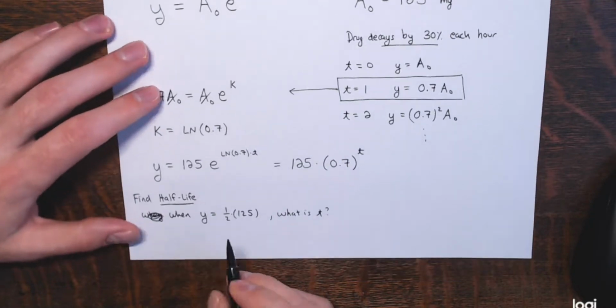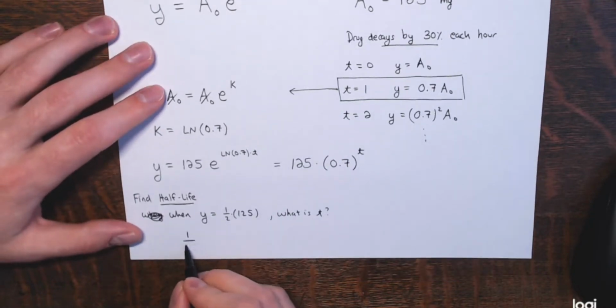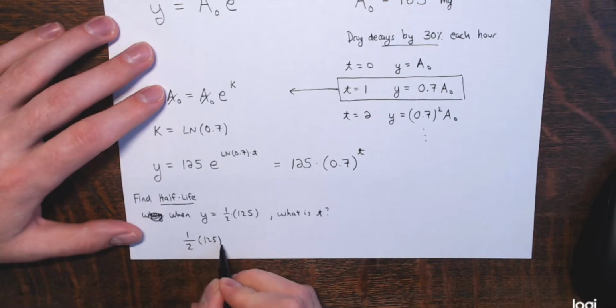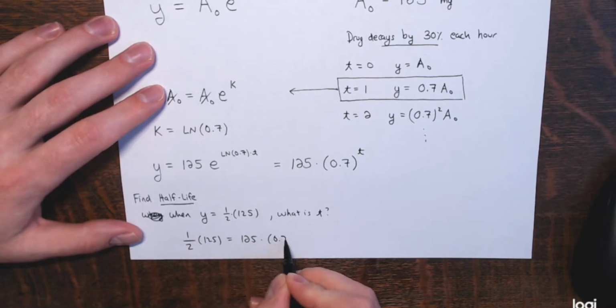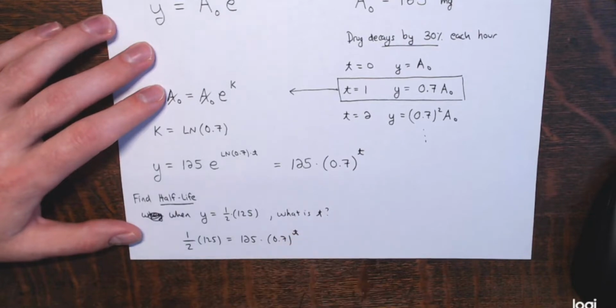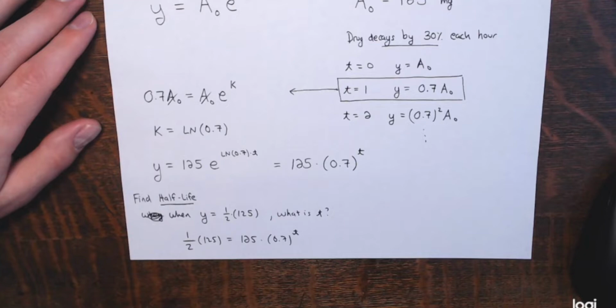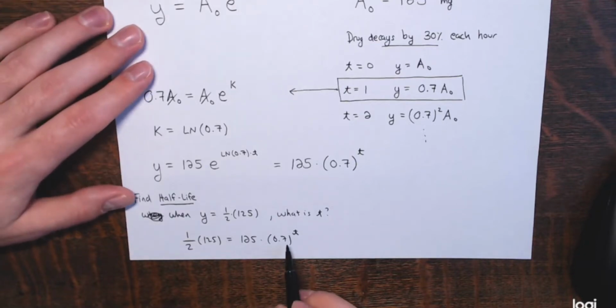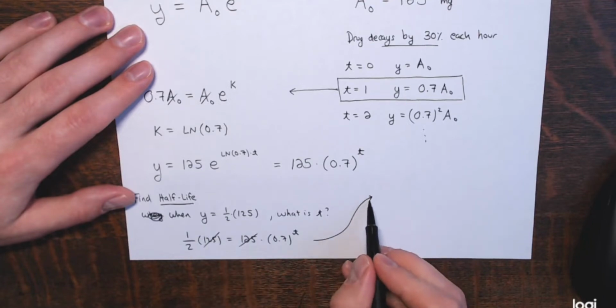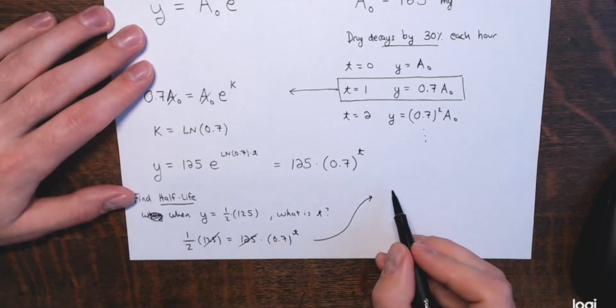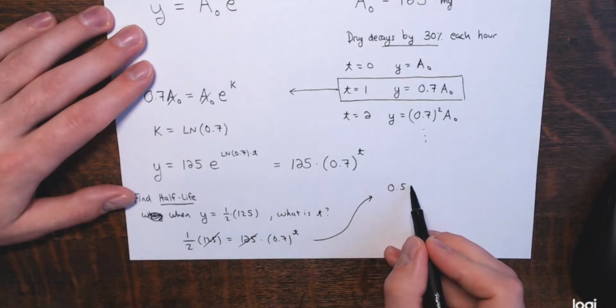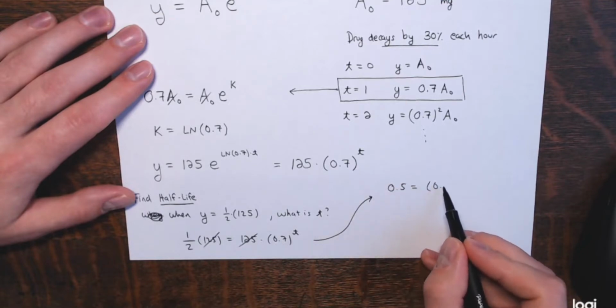So I pop this in on the left side: half of 125 equals 125 times 0.7 to the t power. Then divide by 125. And I'm going to write half as 0.5 again. Then we have 0.5 on the left equals 0.7 to the t on the right.